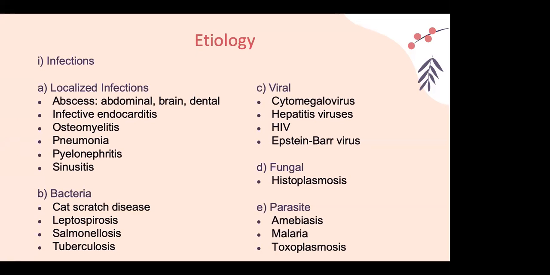Viral can be due to cytomegalovirus, hepatitis virus, HIV. Fungal can be due to histoplasmosis, which commonly occurs in immunodeficient patients. For parasites, it can be due to amoebiasis, malaria, and toxoplasmosis.